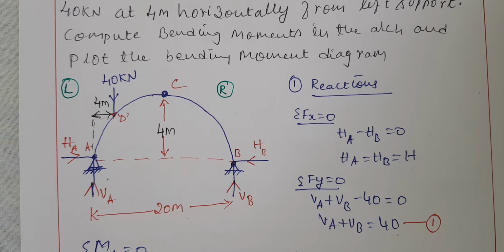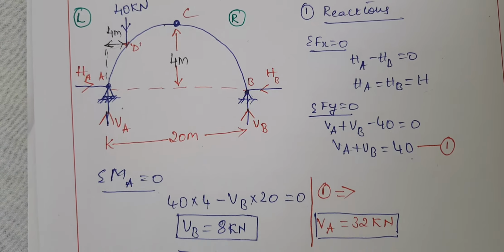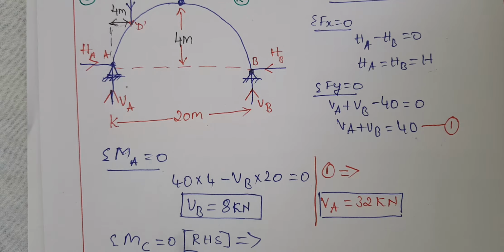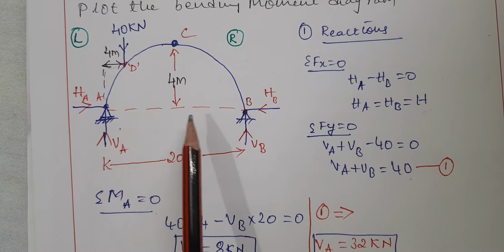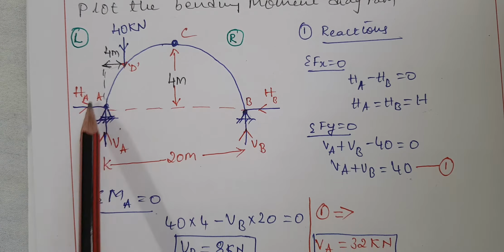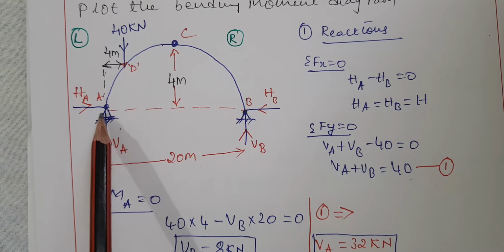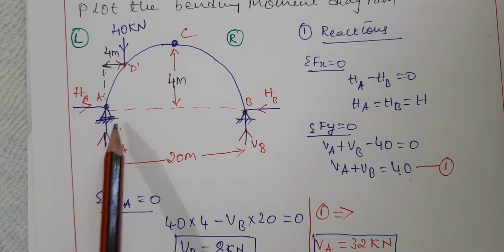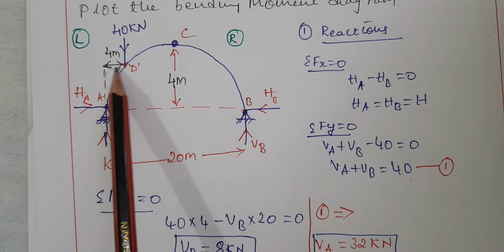After applying two equilibrium conditions, I am considering the next equilibrium condition, moment at A equal to 0. We have two forces acting at point A, but there will be no perpendicular distance with respect to A, so these two will become 0. For 40, we have a perpendicular distance of 4.